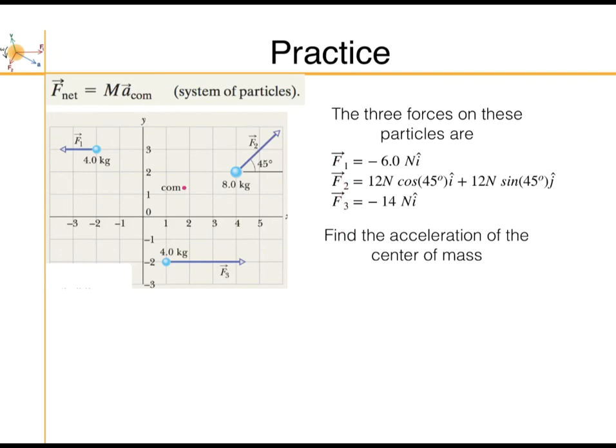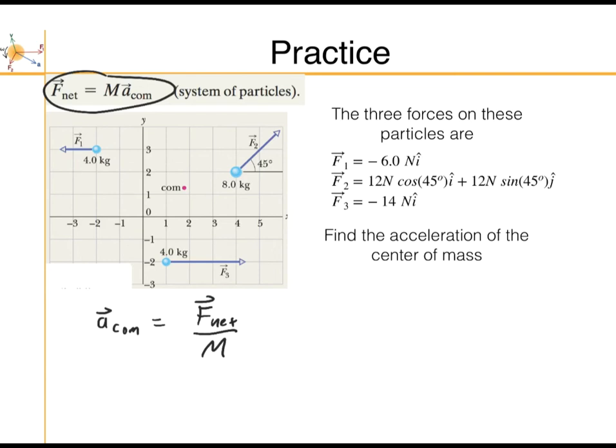Well, I can find the acceleration of the center of mass by using Newton's second law for the center of mass. So the acceleration for the center of mass will just be the net force divided by the mass. And these 3 forces are 3 external forces acting on the object.